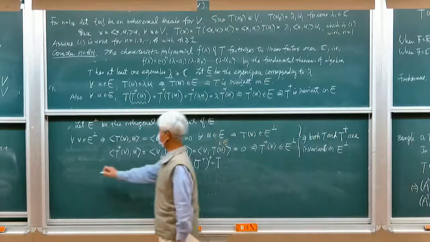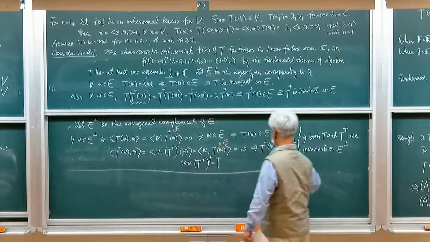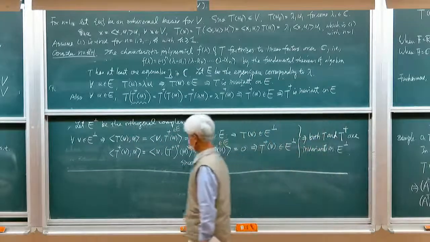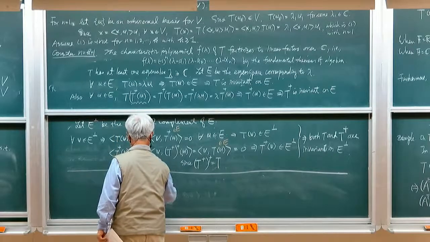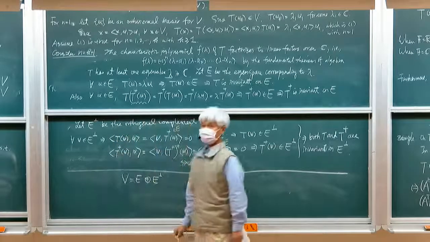Now we have an interesting thing here. V is E direct sum E perp, from chapter 7, we know that.